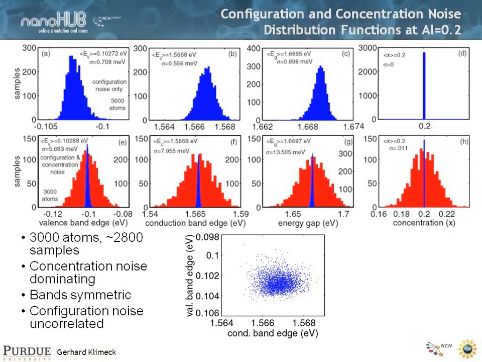And what we get is now a distribution of valence bands and conduction bands and gaps that is much, much broader than the distribution we had here. So the blue histograms from the top row are now translated into the middle row in the blue, and in red we now have this concentration noise in there as well. Okay?